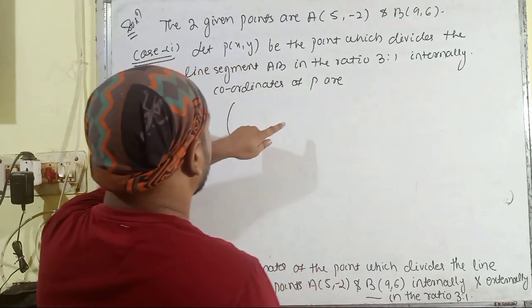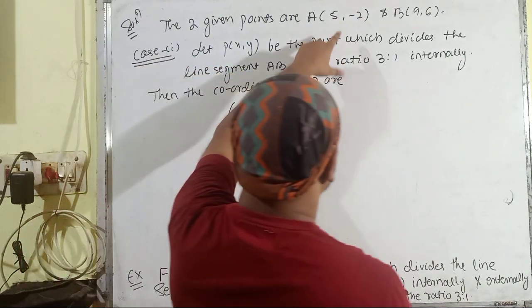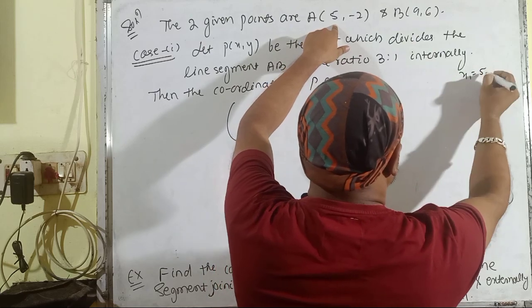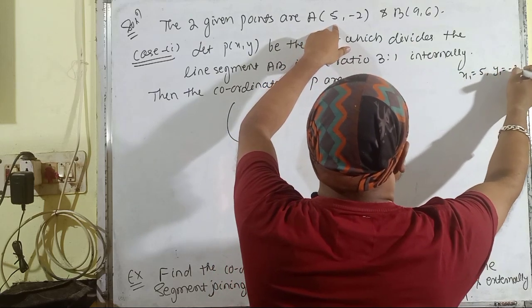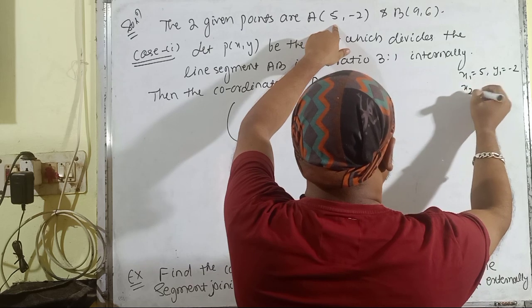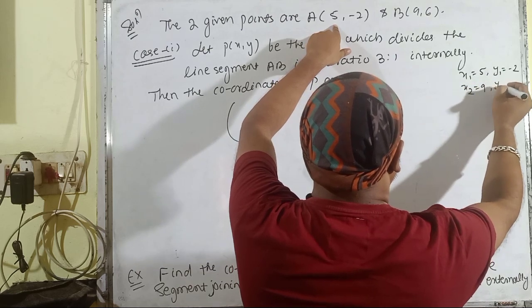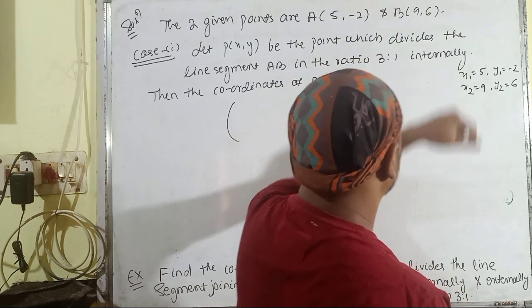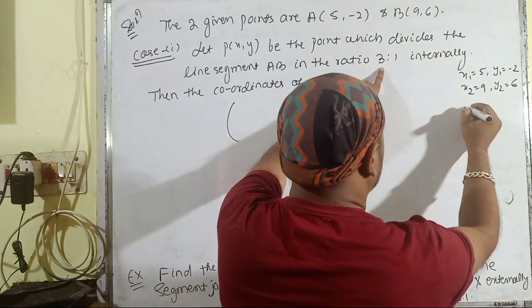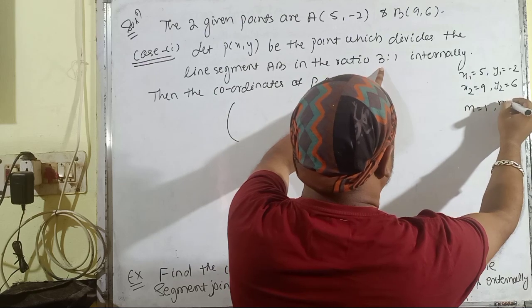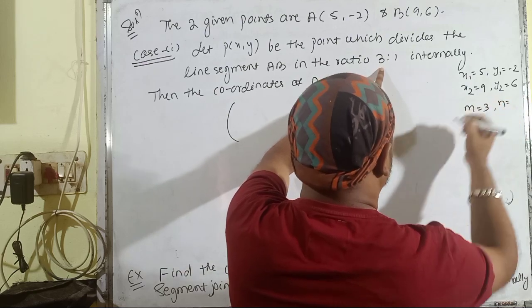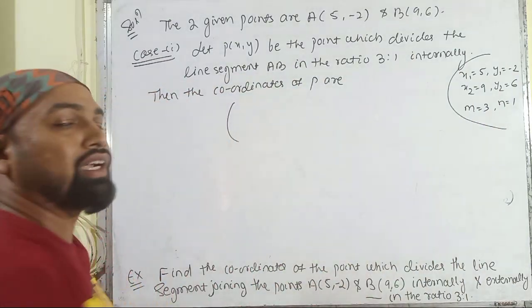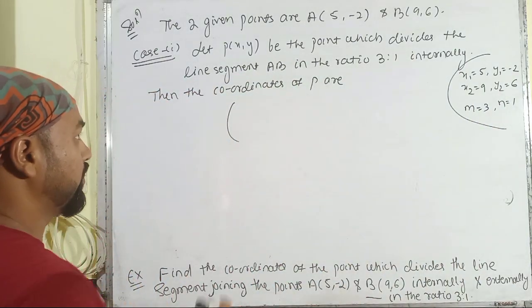First of all, we go through the given data: x1 is equal to 5, y1 is equal to -2, x2 is equal to 9, y2 is equal to 6, m is equal to 3 and n is equal to 1.